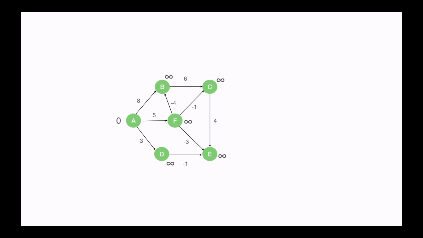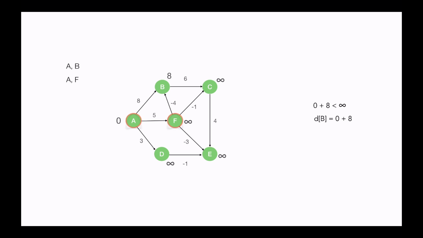The first pair is AB. See, the value at B is infinity, and at A we have 0, and the cost is 8. When we add 0 and 8, the sum is smaller than infinity. So the distance of B can be updated to 0 plus 8, that is 8. Next pair is AF.